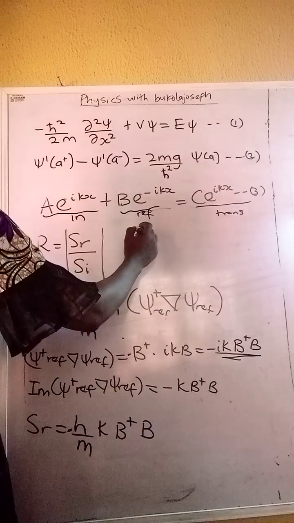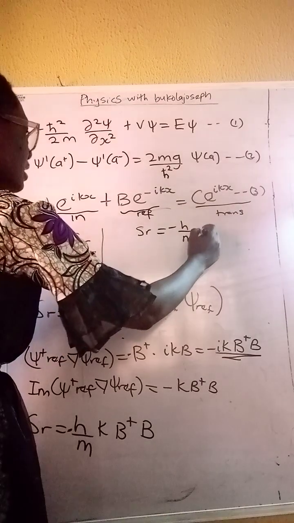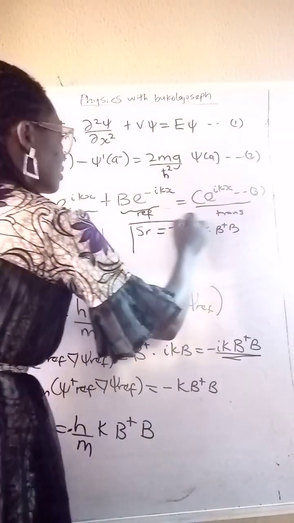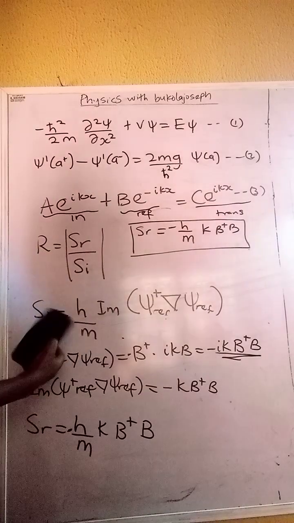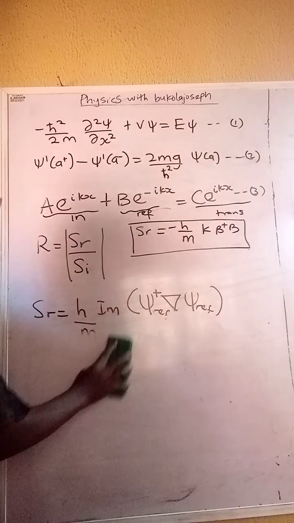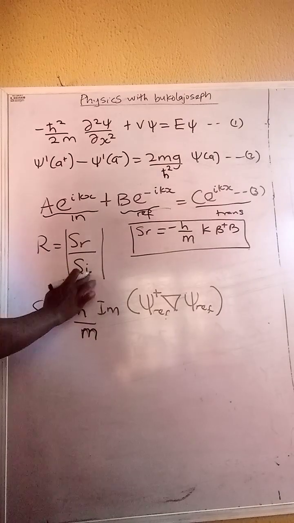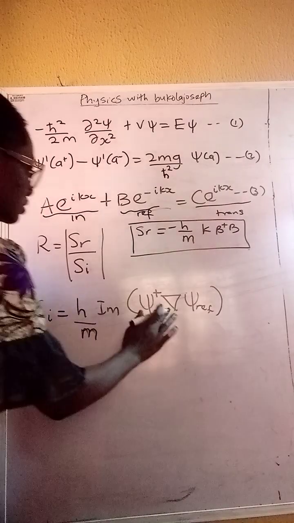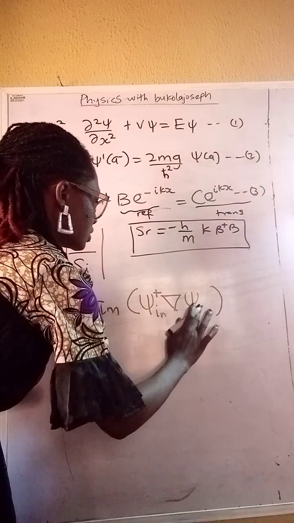We have gotten our SR is equal to minus h over m kb dagger b. This is SR. Now, let's use the same method to find SI, and then we'll come back. With SI, this will change to I, this will change to IN, and this will change to IN.